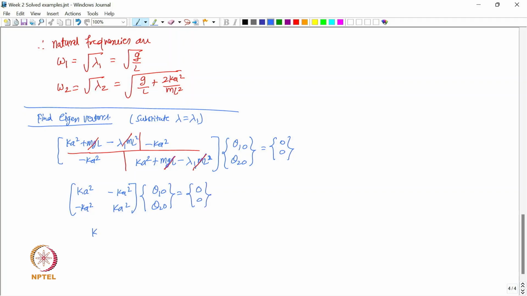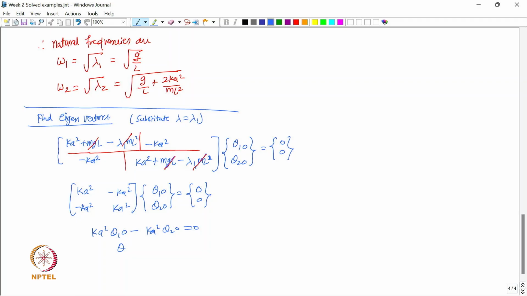So essentially what we have got is k s² θ10 minus k s² θ20 equal to 0, which means the second equation is also the same as this.